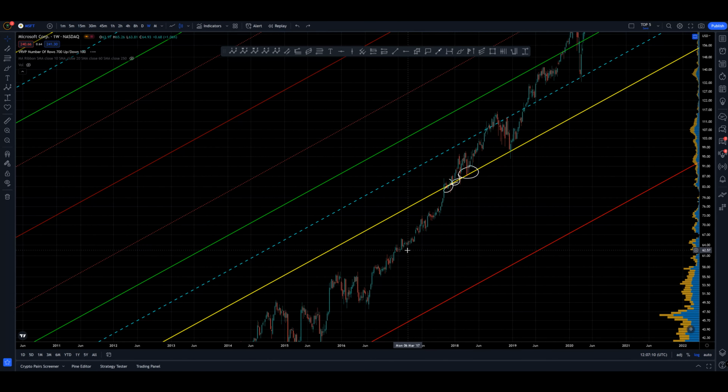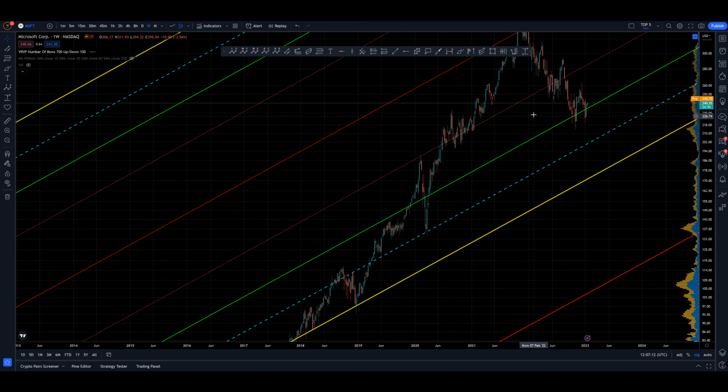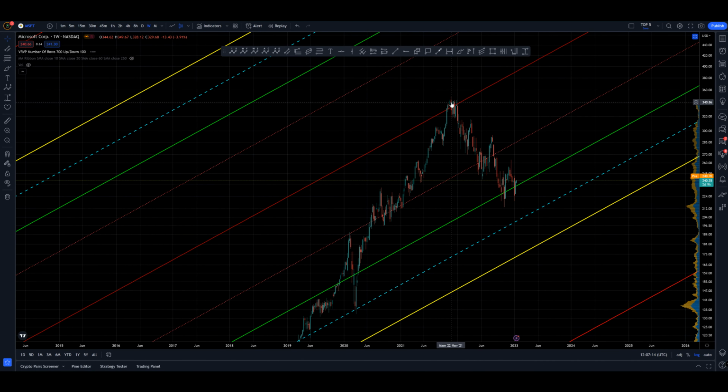Okay, so let's just delete those. From there we went straight to the median line. We did tag around the 23.6 with this high here, and then we came straight back to the 50 here. This is COVID. 23.6 to 50, significant drop, but we went level to level in this long-term pitchfork.